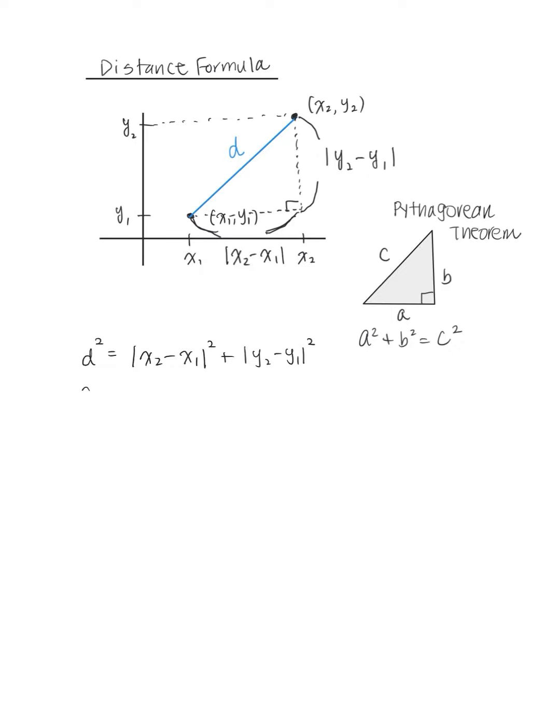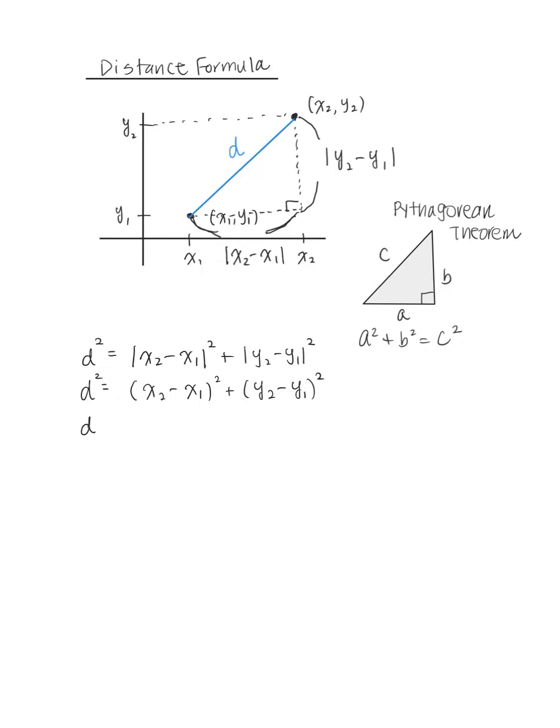Now, again, this is what I was saying, that you can drop that absolute value because you're going to be squaring the quantity. So you guarantee that you're going to get a positive value regardless. So let's drop that absolute value and make that into just good old x2 minus x1 squared, and then y2 minus y1 squared. Now, taking the square root on both sides.